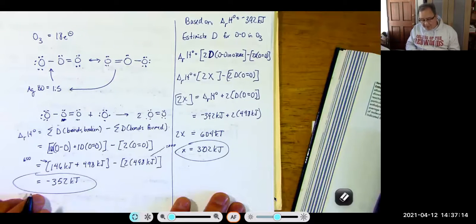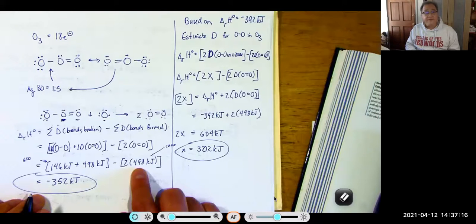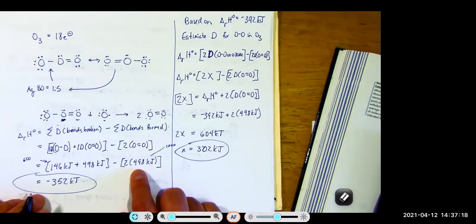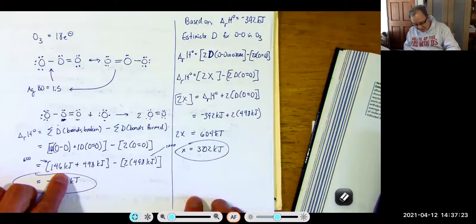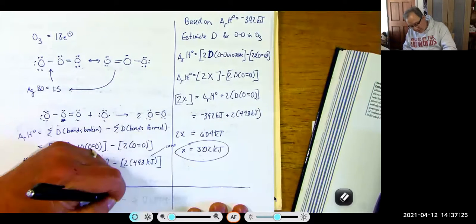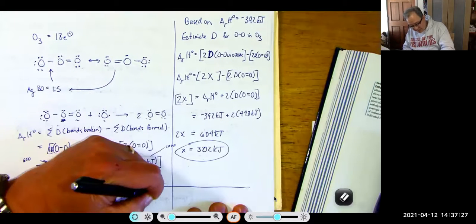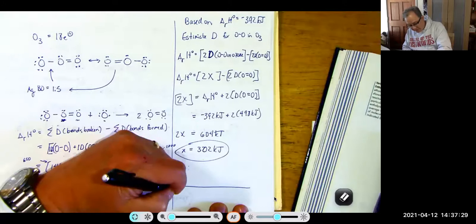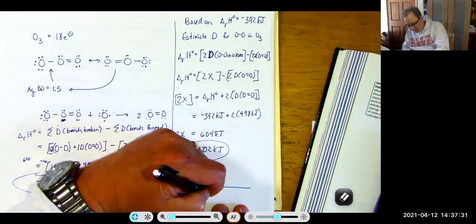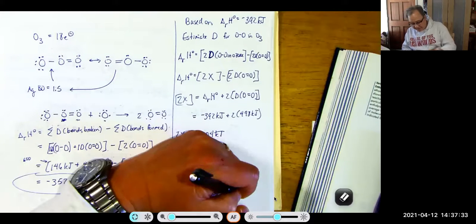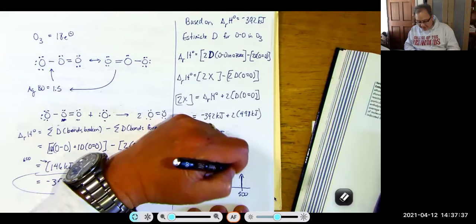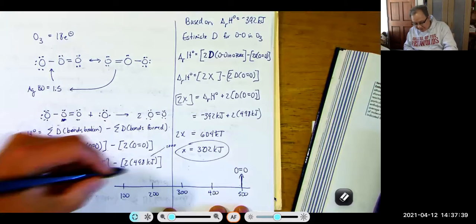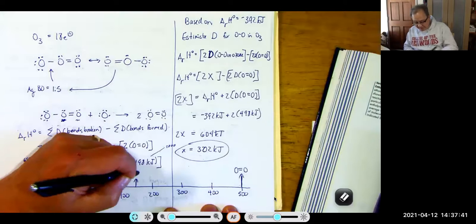And we know that a double bond is 498, right? And a single bond is 146. If we kind of draw a number line here, 100, 200, 300, 400, 500. This is the oxygen-oxygen double bond. This is an oxygen-oxygen single bond.